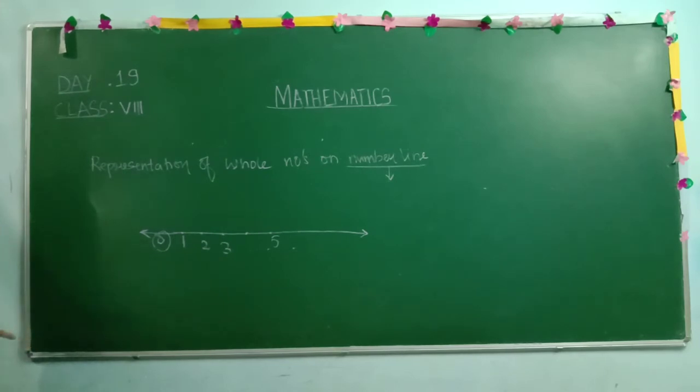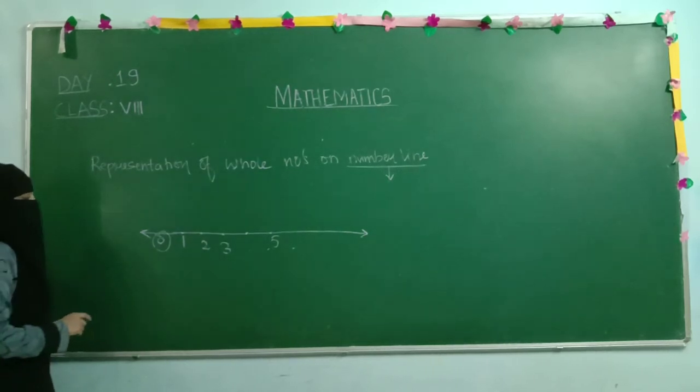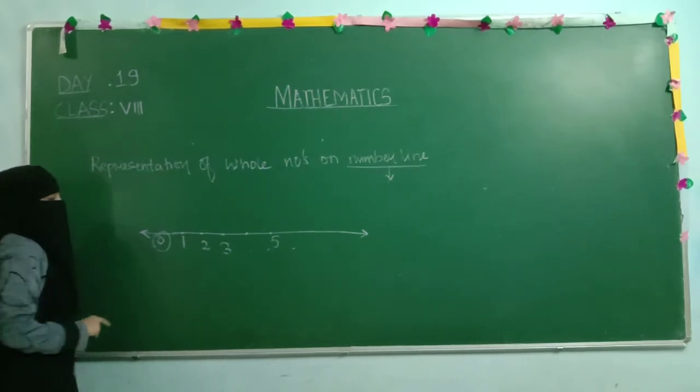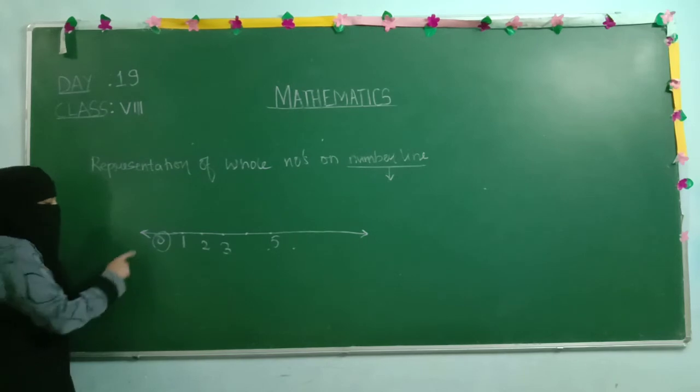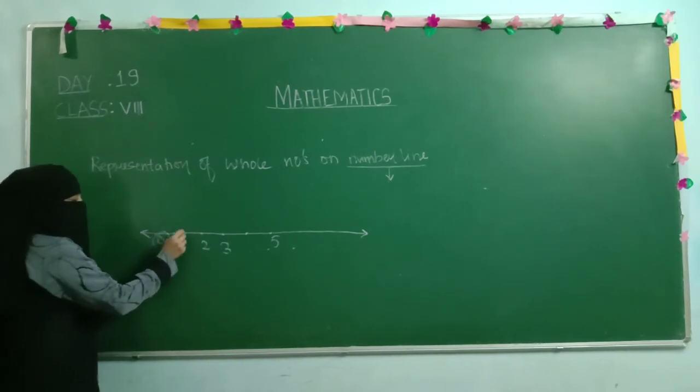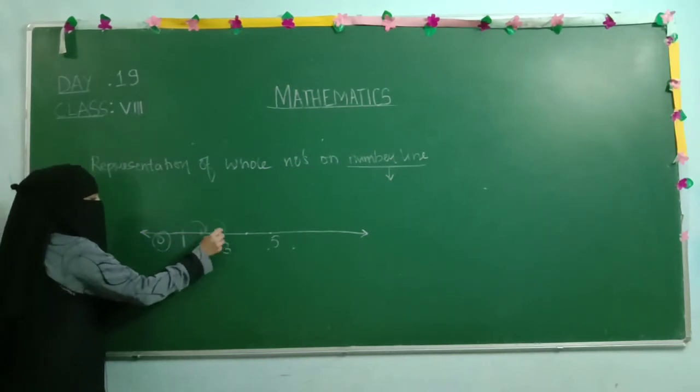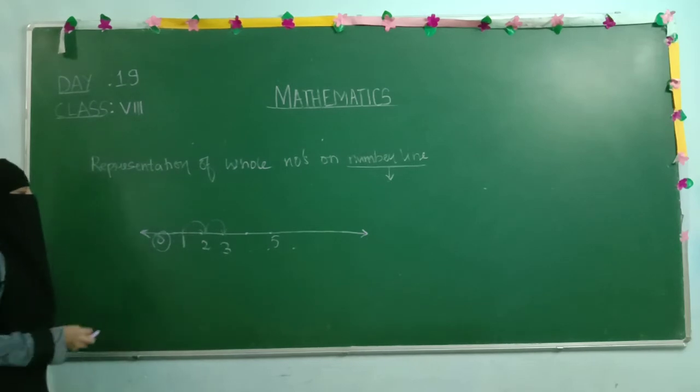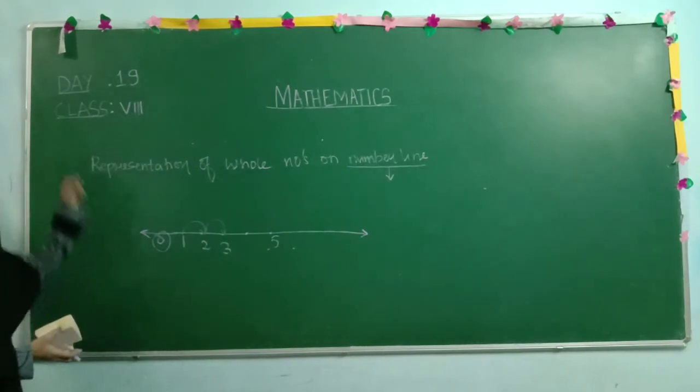When we talk about integers, definitely we will get a predecessor of 0, but among whole numbers there is no predecessor of 0. But there is a successor of each whole number. So the successor of 0 is 1, of 1 is 2, of 2 is 3. Okay, we have studied this successor and predecessor concept also.